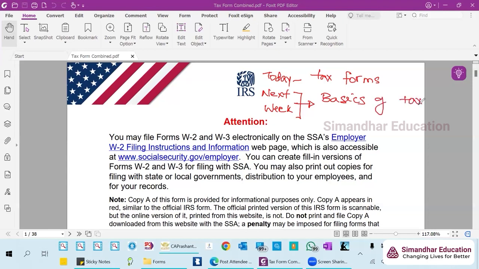And also I can say it is an overview of tax.